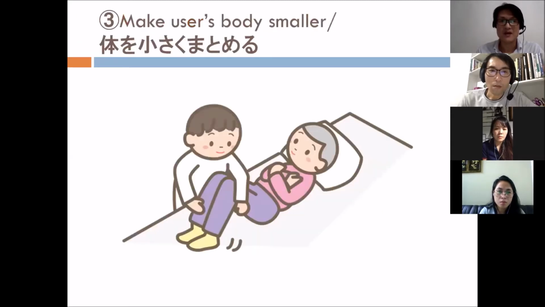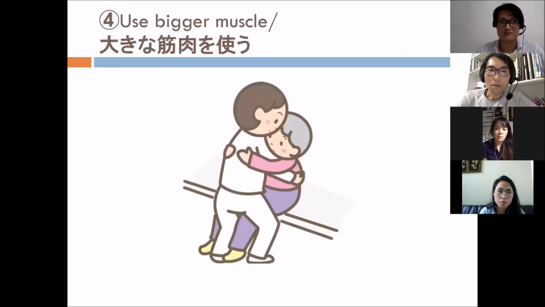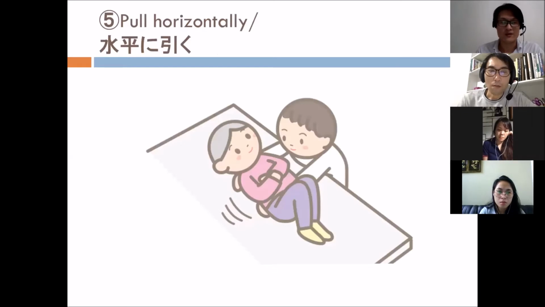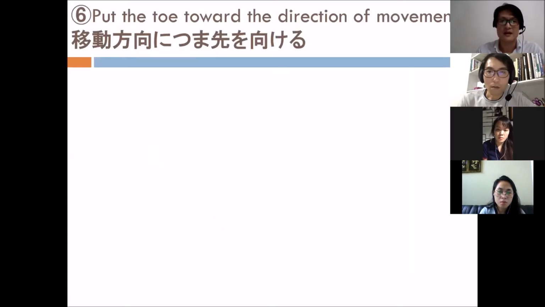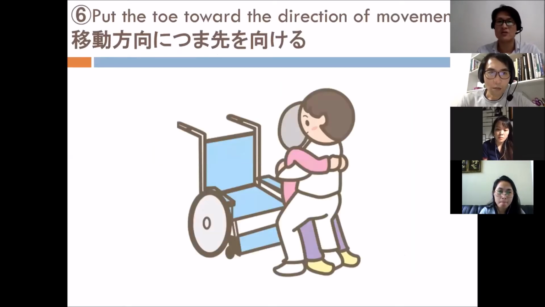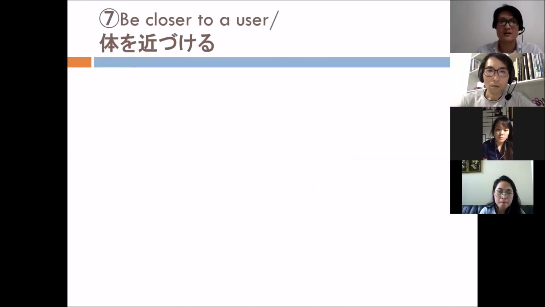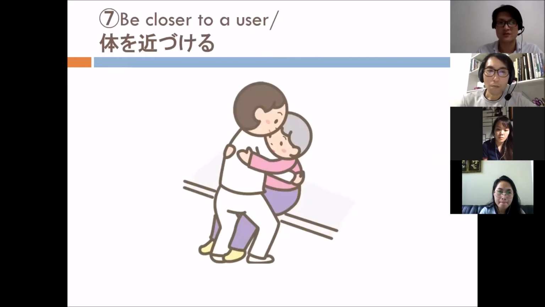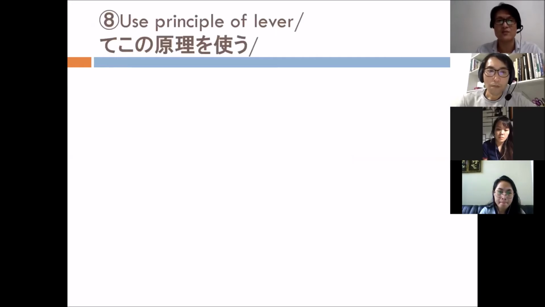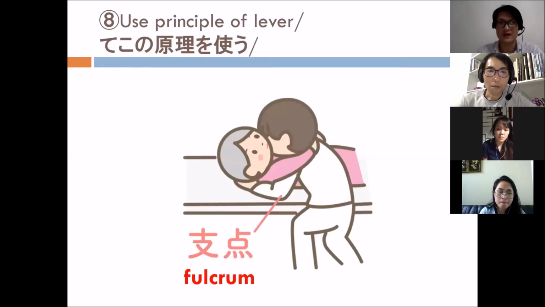Number 3, make the user's body smaller. Use bigger muscles. Pull horizontally, not lifting vertically. Put the toes toward the direction of movement to avoid twisting. Be closer to our user. The last one is to use the principle of lever. These are the keywords of body mechanics.